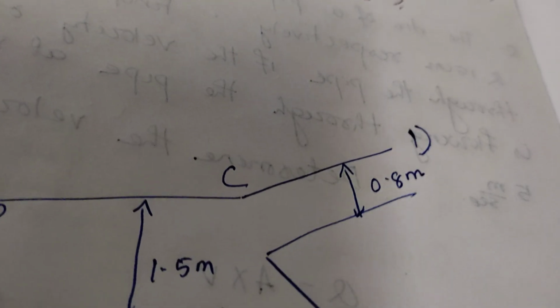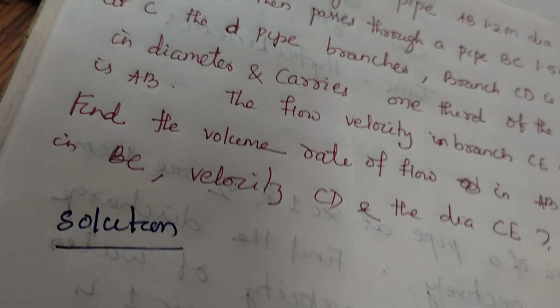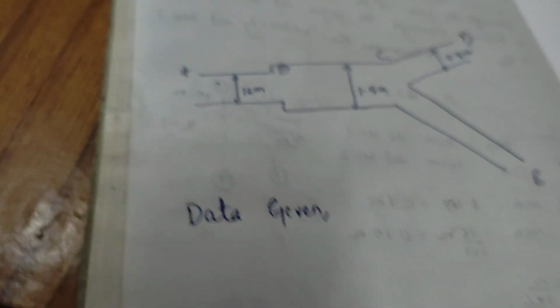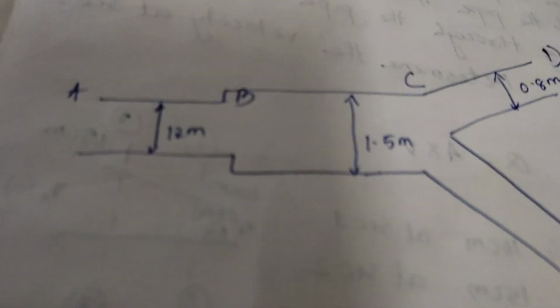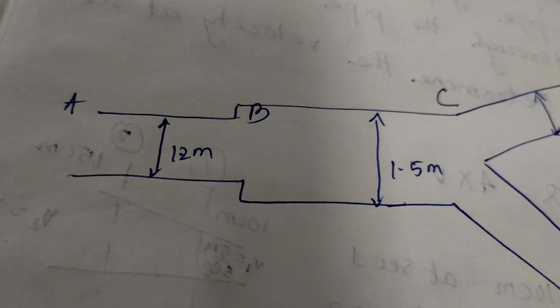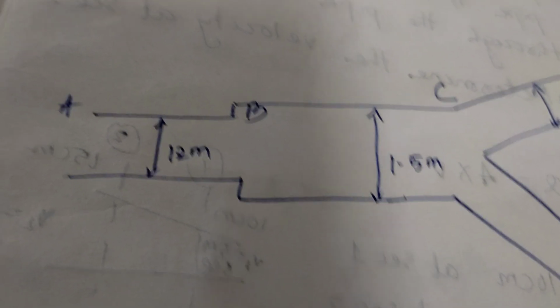So to find the volume rate of flow, first we write the data given. In the data given, the diameter of AB is 1.2 meter.